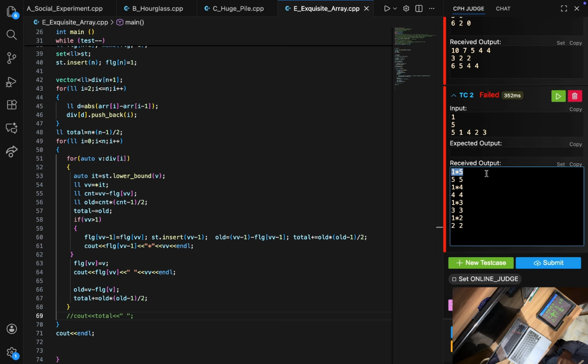Okay, 1 5. At first it gets 1 5. It divides the range at 1 5. Let's rewrite this example: 5 1 4 2 3, 1 2 3 4 5. Okay, so it divides 1 to 5.